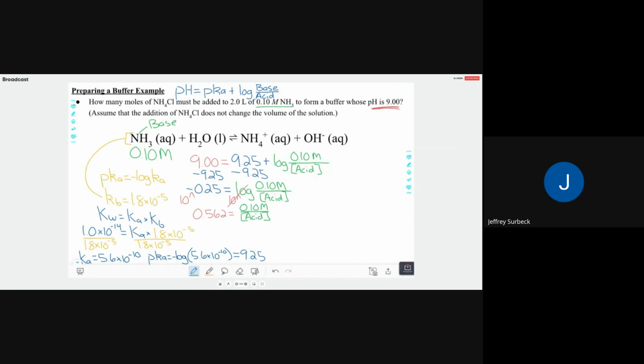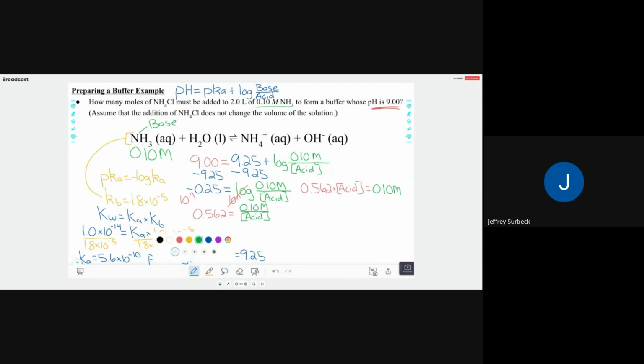When we cross multiply 0.562, you could say really that's an X, we would end up with 0.562 times the concentration of our acid equals that 0.1 molar. And so how do I get the concentration of the acid all by itself?